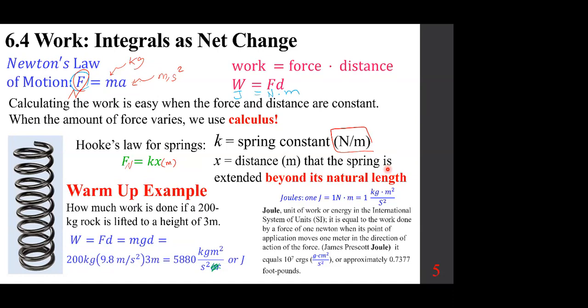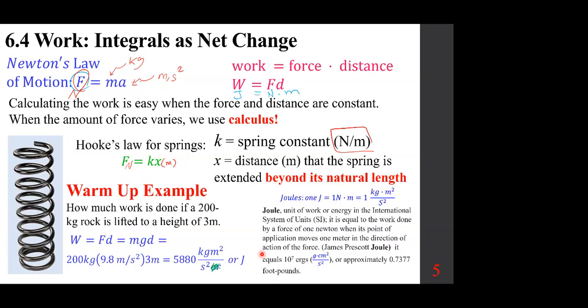If instead of kilograms you go with grams, and instead of meters you go with centimeters, that's what you get. I hope you remember, kilo means 1,000. So 1 kilogram is 1,000 grams, and 1 meter is 100 centimeters. These are all basic unit conversions everybody knows.